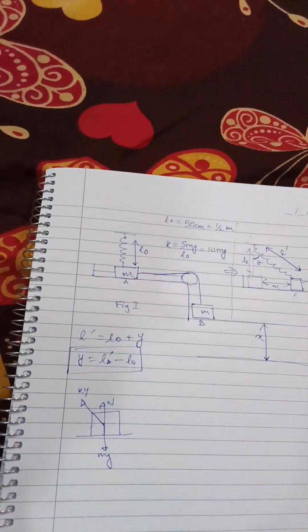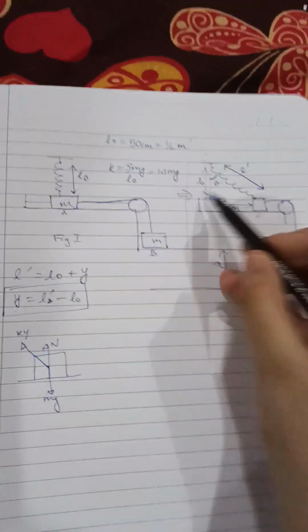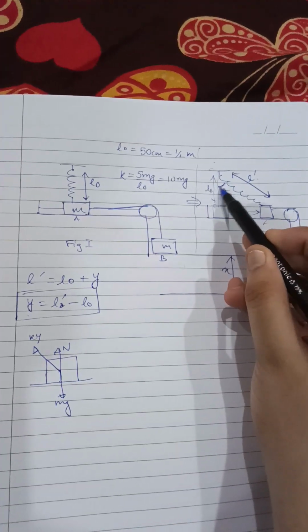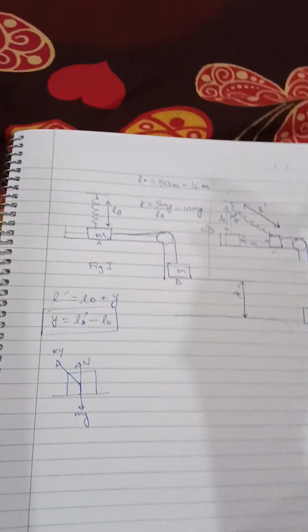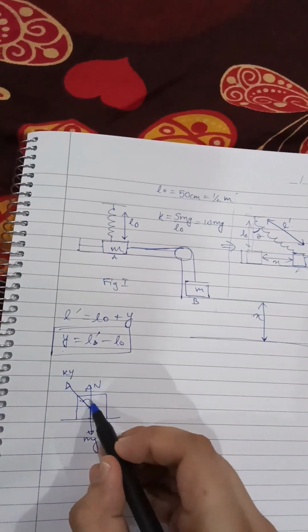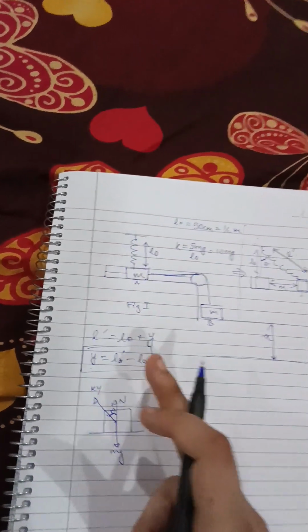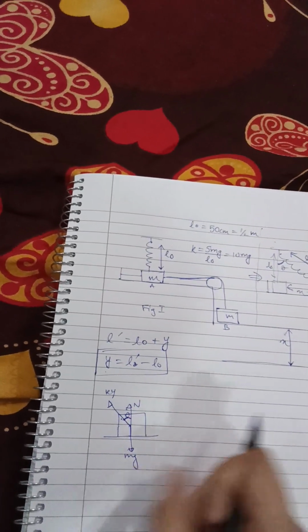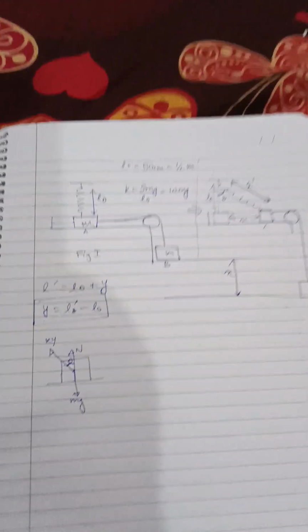Because y is the extension in the spring, and as we know, spring force equals Kx. And since I have taken this angle as theta, by alternate interior angles this will be theta too. Since I'm dealing in the y-axis, I will not take any force components in the x-axis, as I don't think it's that necessary, but you can draw if you want.